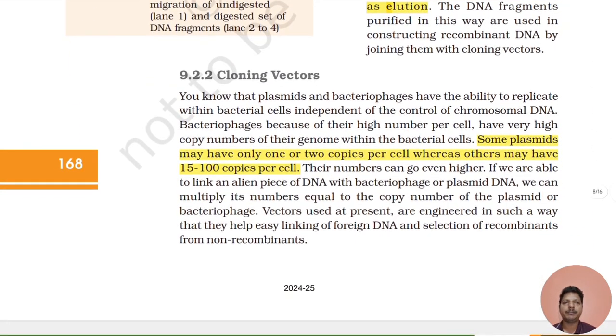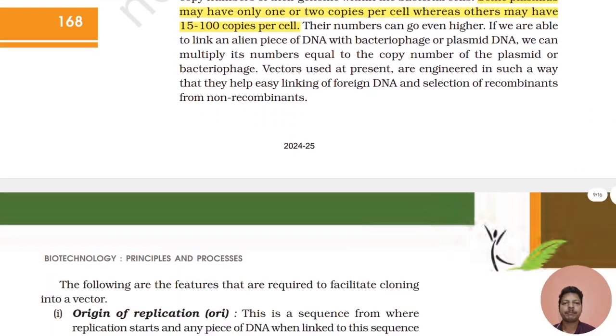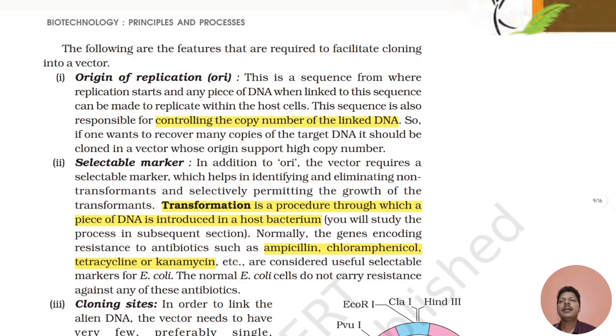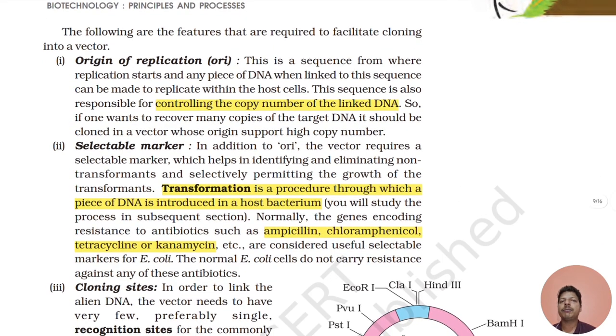Next, cloning vector. Some plasmids may have only 1 or 2 copies per cell, whereas others may have 15 to 100 copies per cell. Then, the following are the features that are required to facilitate cloning into a vector. That is origin of replication, the sequence from where replication starts, and this sequence is also useful for controlling the copy number of the linked DNA.